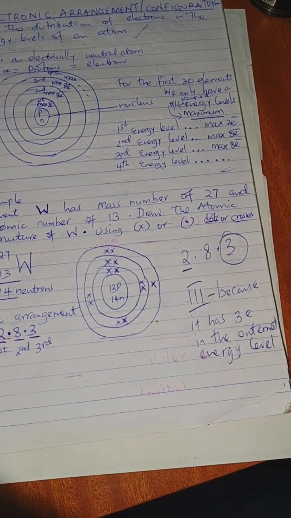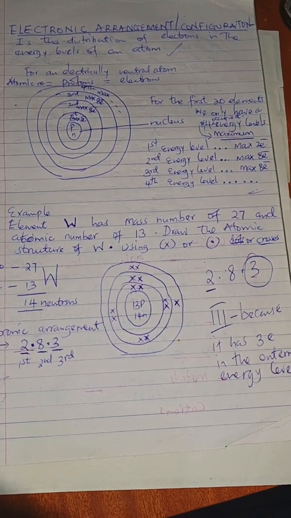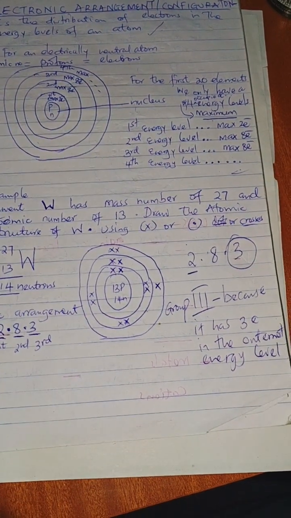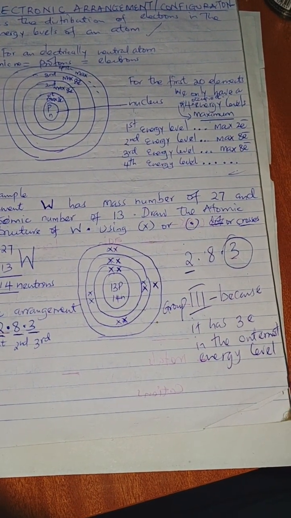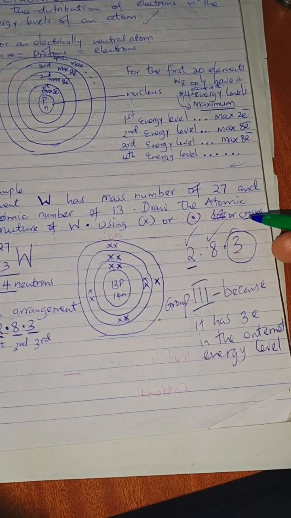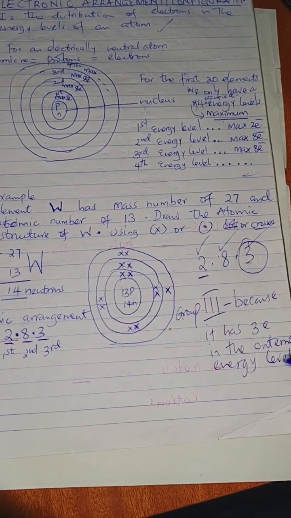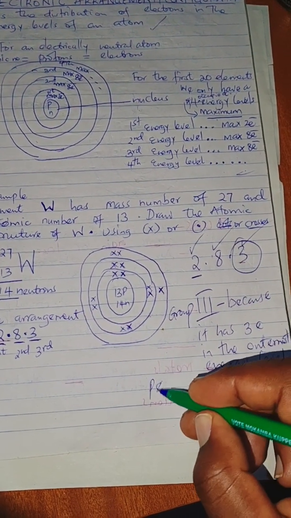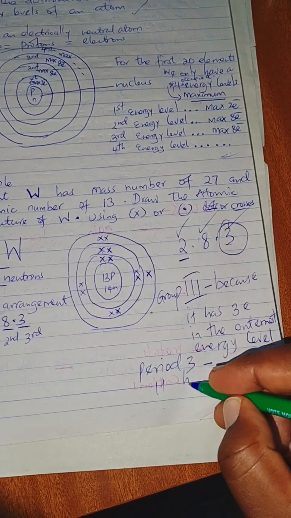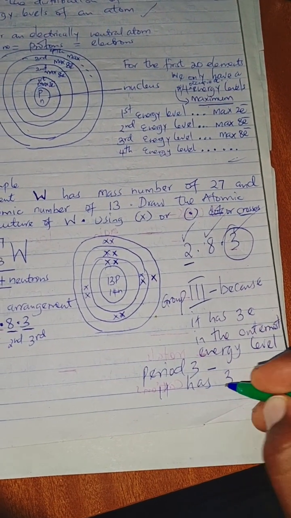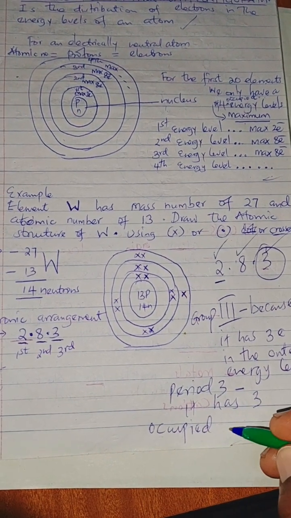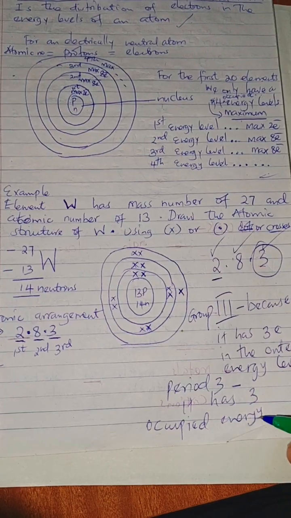So we use configuration to know the group and period. So group, it's in group 3 because it has 3 electrons in the outermost. And period, we look at the number of occupied energy levels. We have 1 occupied energy level, 2 occupied energy levels, 3 occupied energy levels. So it's in period 3, and the reason is that it has 3 occupied energy levels.